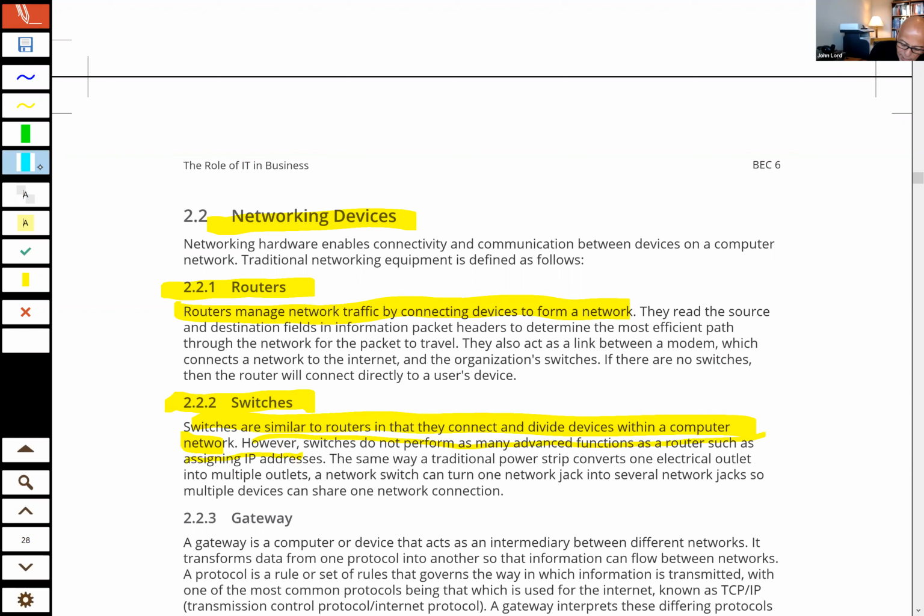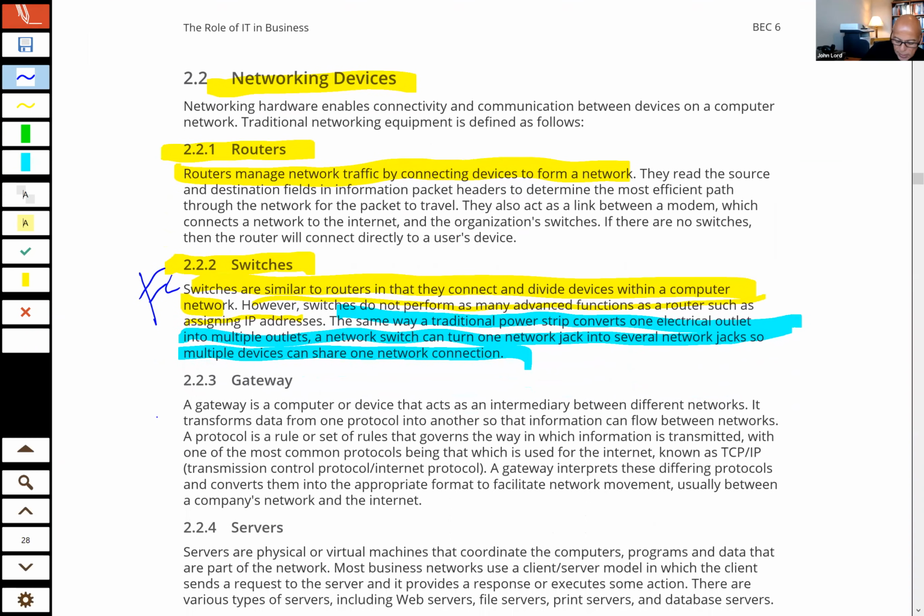By analogy, the same way a traditional power strip converts one electrical outlet into multiple, a network switch can turn one network jack into several network jacks, so multiple devices can share one network connection. So why don't you go ahead and flashcard the notion of switches. I'm not going to ask you to flashcard routers because I think that's already in your head.